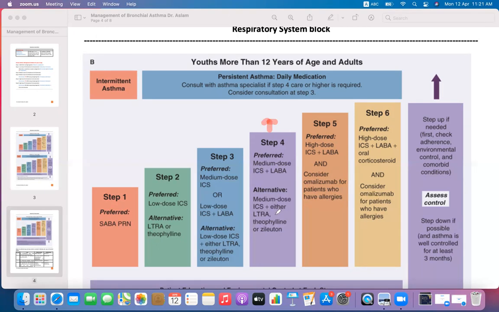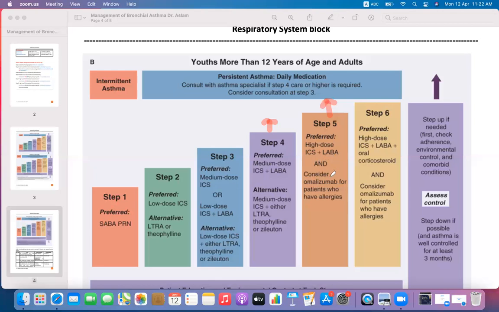Then the patient can use medium dose inhalational corticosteroid plus either montelukast or theophylline or zileuton. If the patient did not get benefit on this step 4, he can jump to step 5. It includes high dose inhalational corticosteroids plus long acting beta agonist.